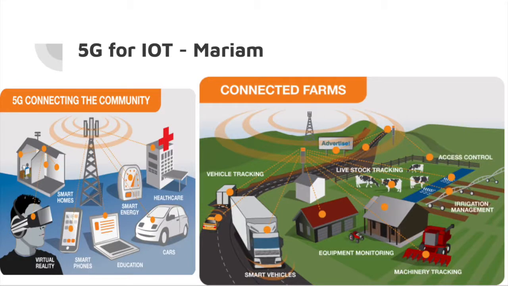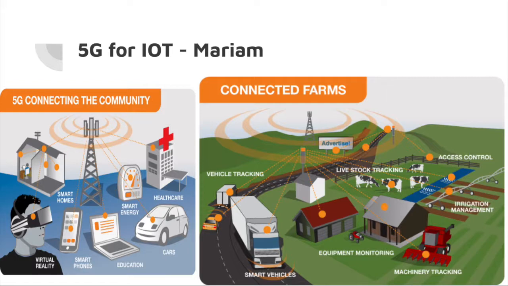And now I will talk about 5G for the Internet of Things. As Iman mentioned, 5G has massive machine-to-machine connection. This will help people nowadays to connect their devices to all machines around them. A great example of this is smart cities.